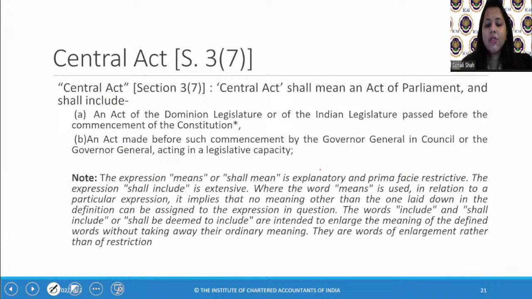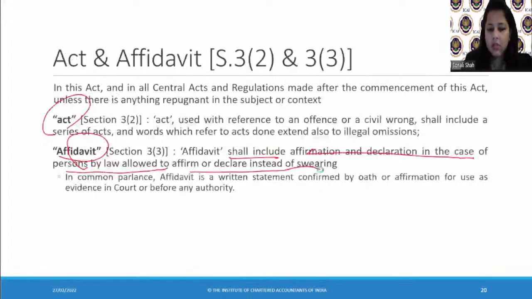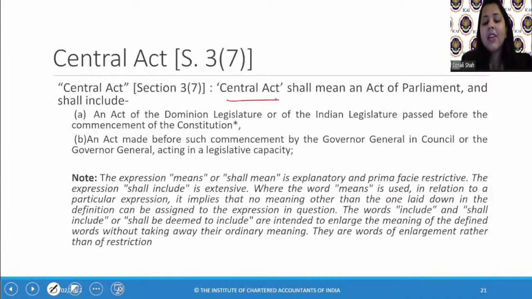Next is the definition of the word Central Act. So Central Act shall mean an act of parliament and shall include. So it specifically tells you what is meant by Central Act. It means an act of parliament. What all is included within the Central Act?